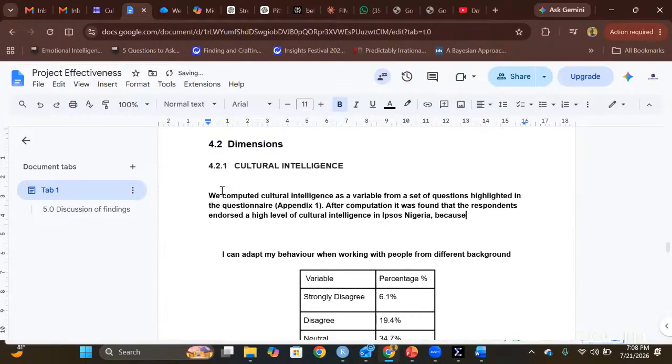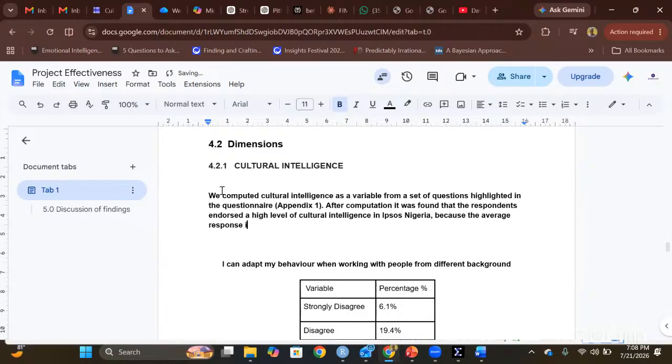And you can just say, because the average response is 3.77 something. Then it says see table, any table you have put it, maybe table 1 or table 2 or table 3.